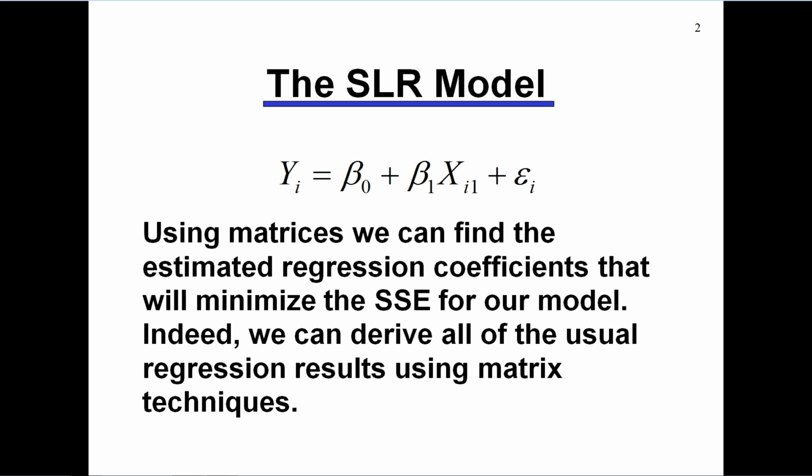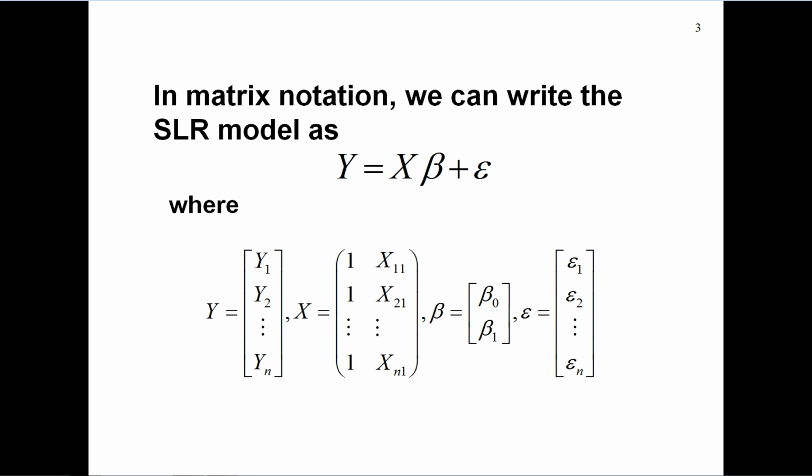The simple linear regression model, as we know, can be written as y_i equals beta 0 plus beta 1 times x_i plus this random error term epsilon sub i. And we can write that in matrix notation as you see on this particular slide. Now it's important to recognize the matrix X has this first column of 1s.